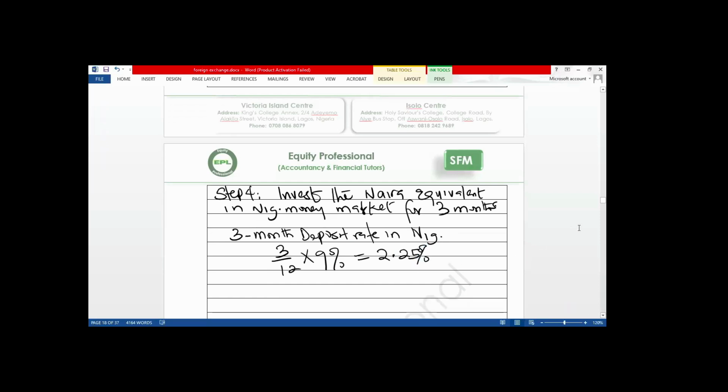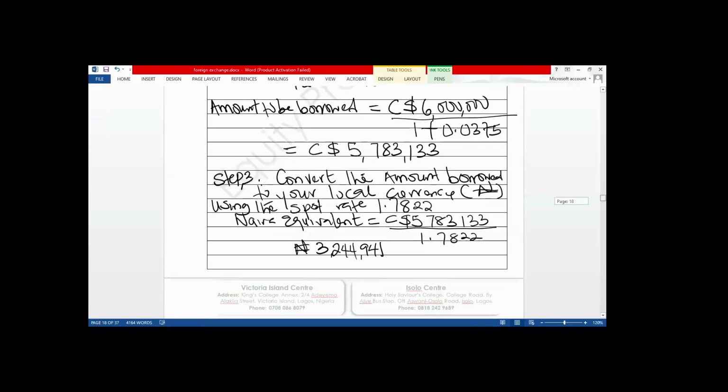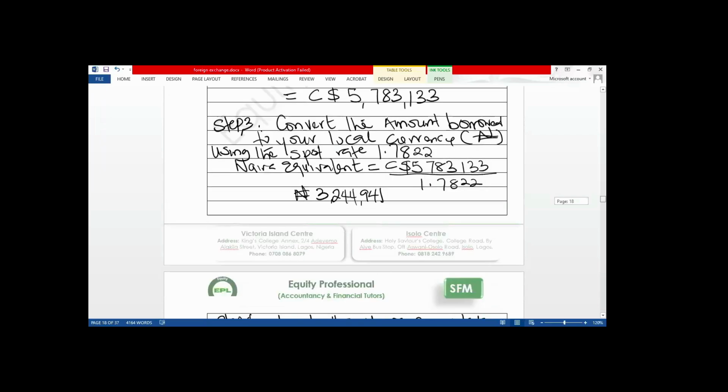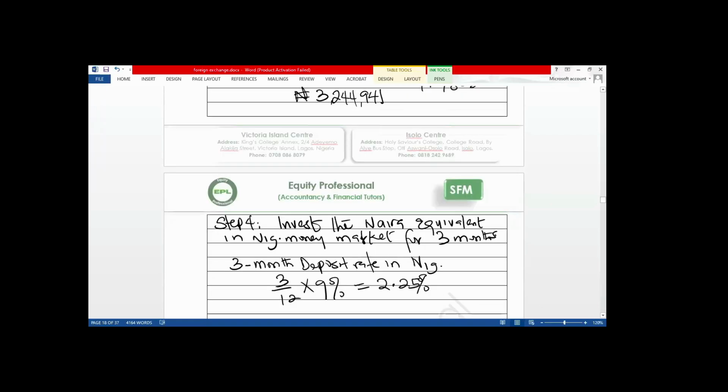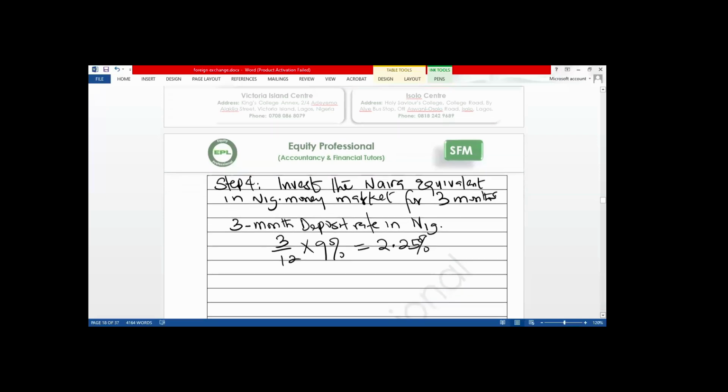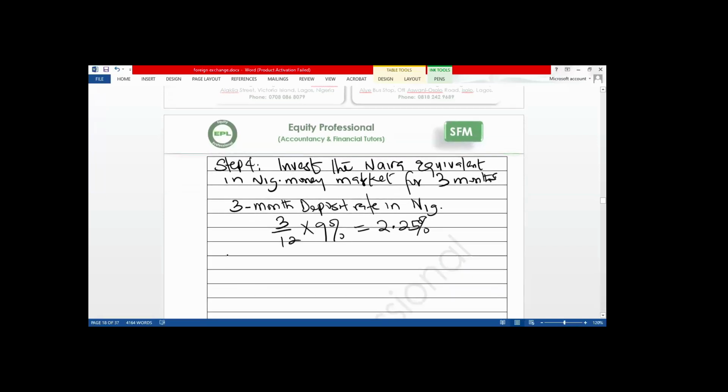So ask yourself, if you deposit 3,244,941 for 3 months at this rate, how much are you going to expect at the end of 3 months? Expected Naira receipts at the end of 3 months. You are going to deposit an amount now at a rate of 2.25% for 3 months.